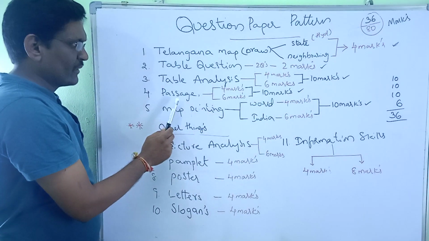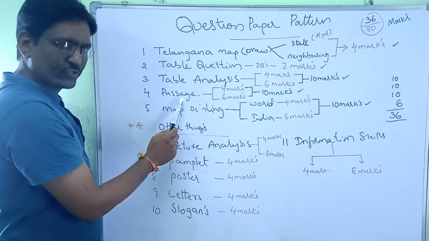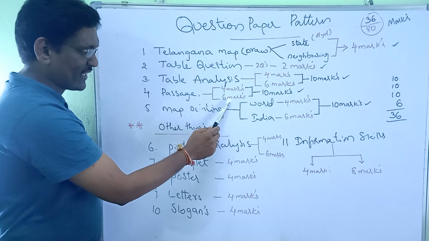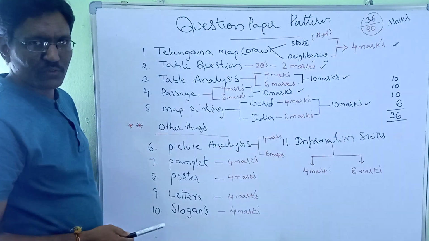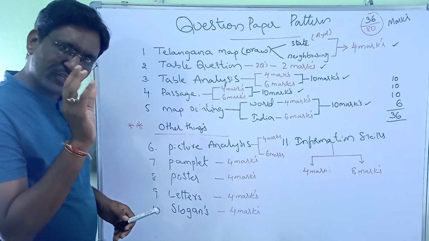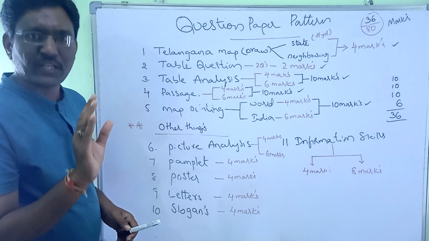Now passages also. If you see paper 1 and paper 2, 4 marks and 6 marks are allotted, meaning 10 marks. So how will these passages come? See, there are important topics present in our textbook.